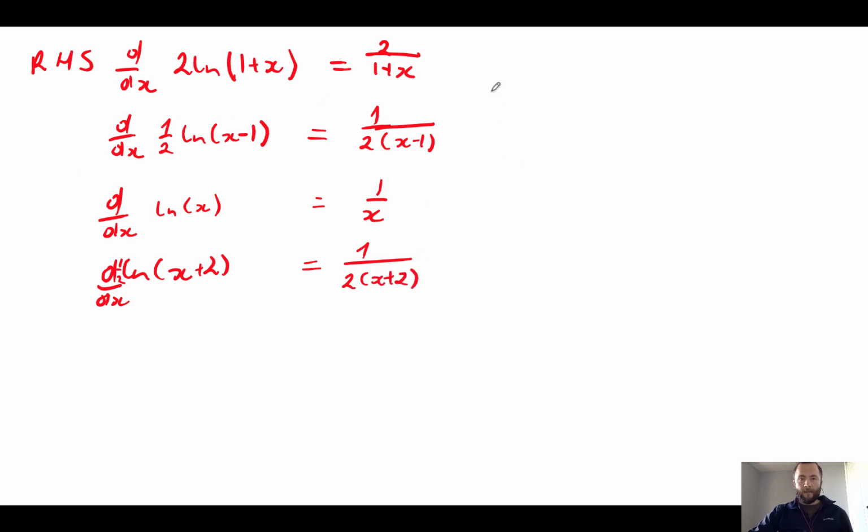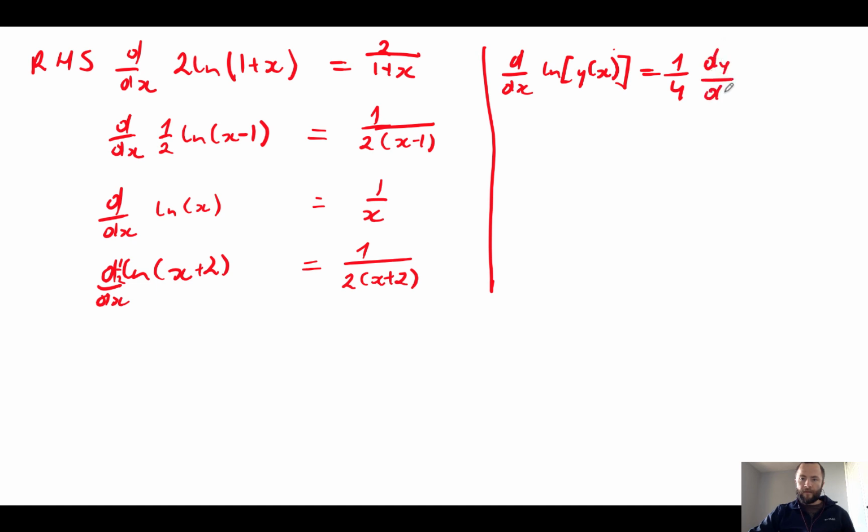So that's the right hand side, and the left hand side is equal to d dx of ln of y. Now to take a look at the left hand side, we have d dx of ln of y of x, and as I mentioned earlier, that is always going to be equal to 1 over y dy dx.